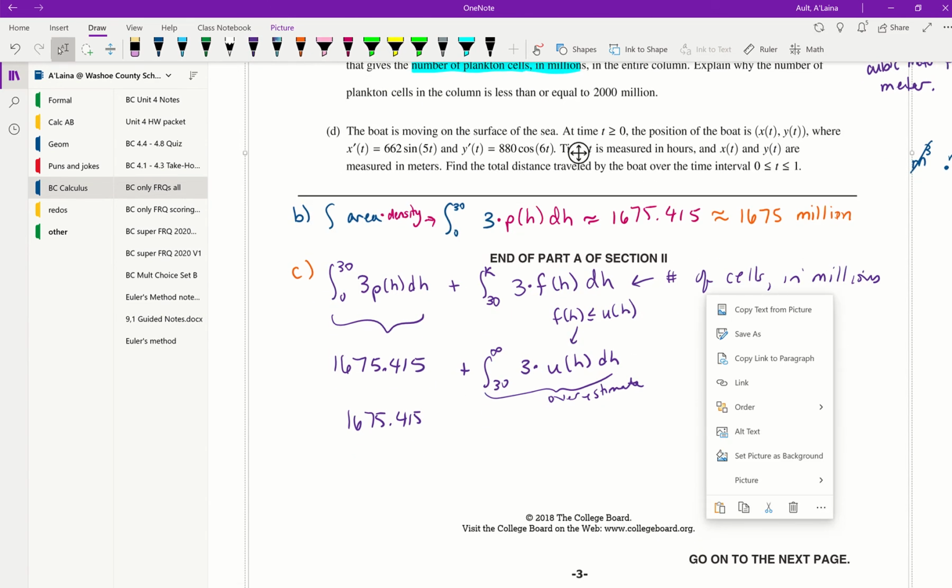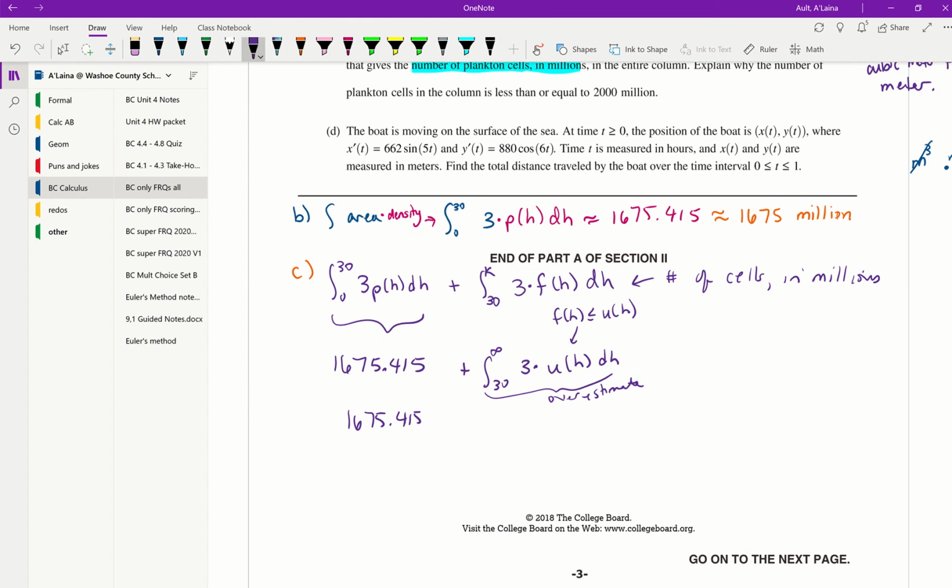I know that this definite integral, which is bigger than f, is 105. If I multiply that by 105, I end up with 1,990.415 million cells, which is definitely less than the 2,000 million.